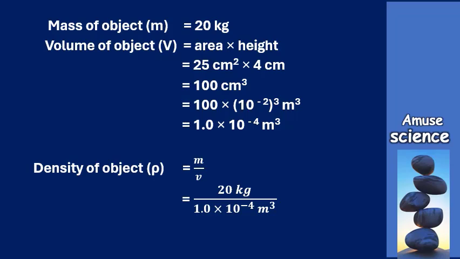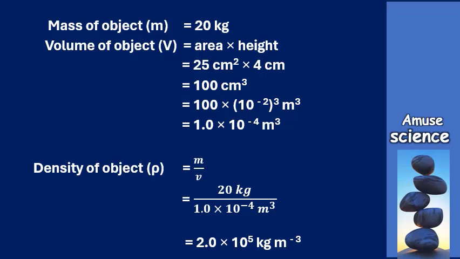Finally we get 2.0 times 10 exponent 5, that is 200,000 kilogram per meter cube. In physics, we normally advise that we leave our answers in standard form. Alright, let's take another example.